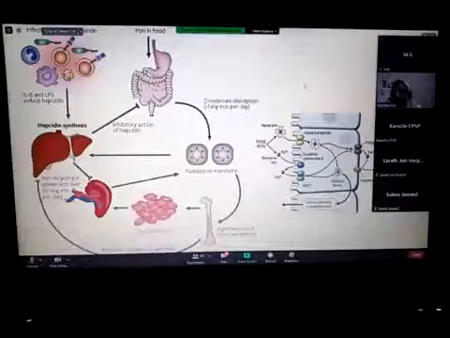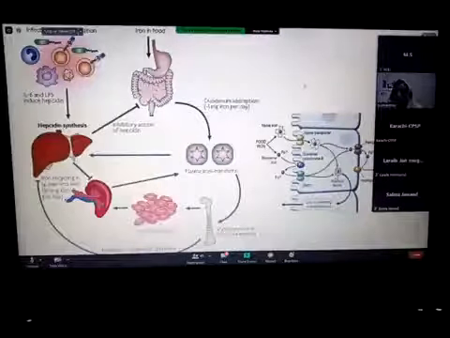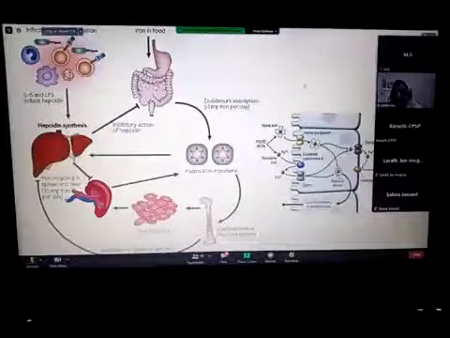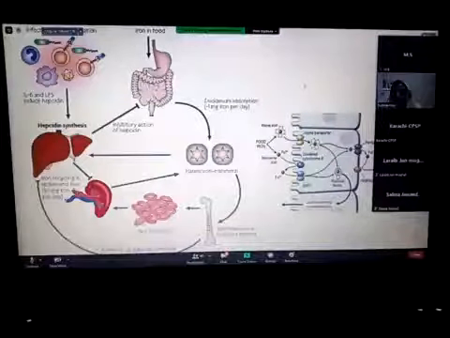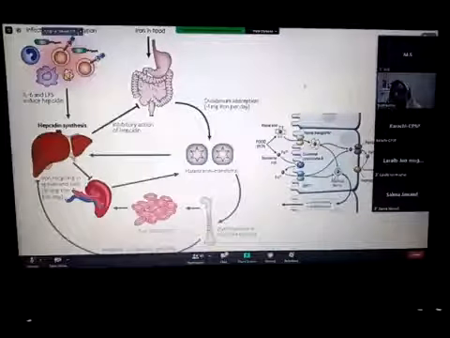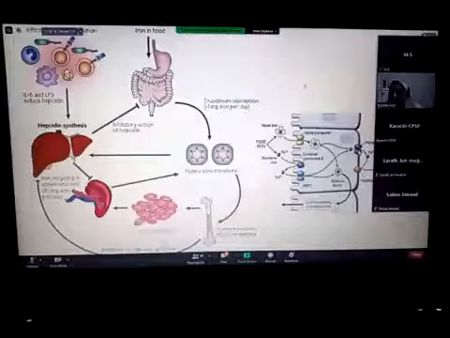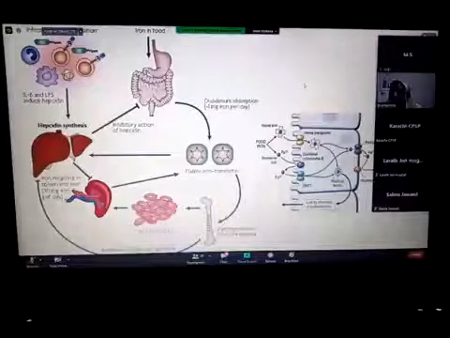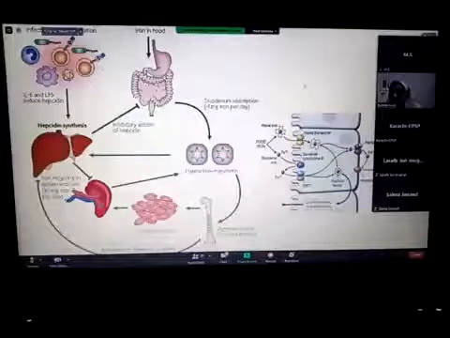And then the body decides whether this iron needs to be taken to the blood, or it will stay in this cell, and that will be shed off later. So according to the need, for example, if there is iron deficiency, this will be transported through ferroportin, which is present on the basal surface.